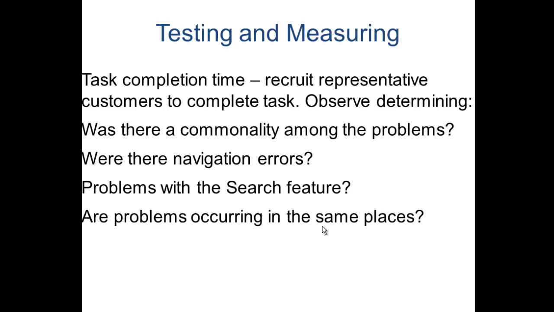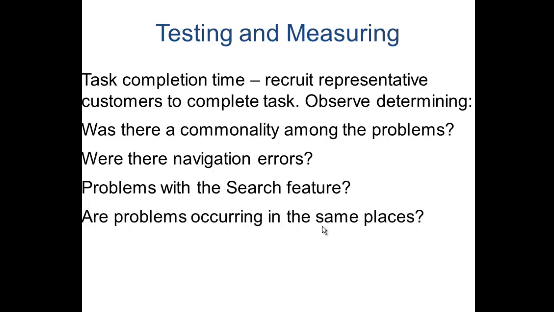Moving on, testing and measuring. Okay, we're going to have task completion time. All right, and maybe we want to recruit a customer to come in, much like we did with our website observations. When performing the task, the design team's members want to observe that customer completing that task and determine what the problems were.